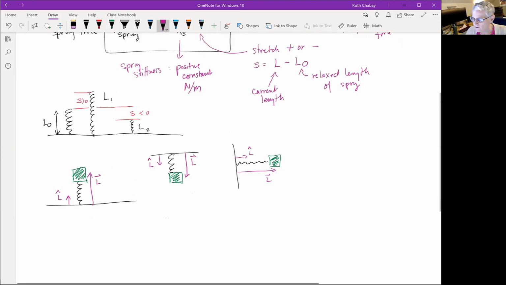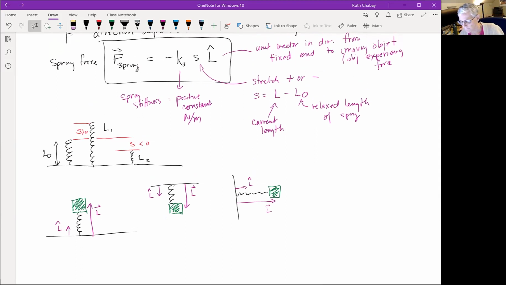Now, what's the deal with this minus sign? Why is there a minus sign here? Well, let's consider a situation where here's our relaxed length of the spring, L0, and we've compressed the spring and we've put a block on top of it.